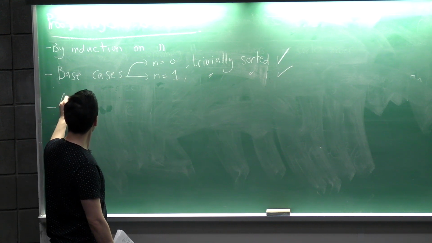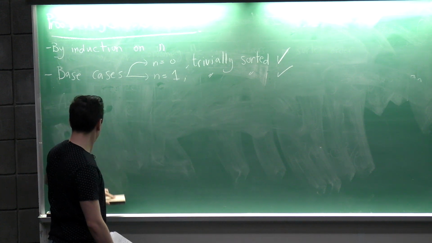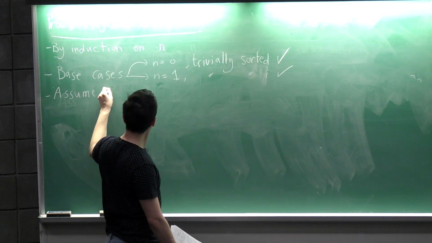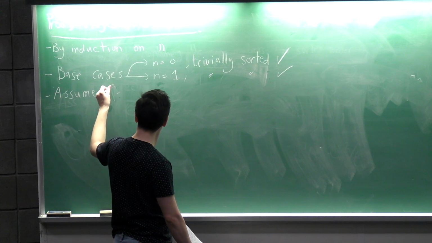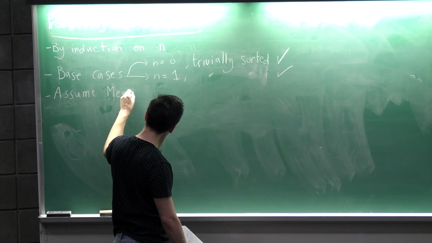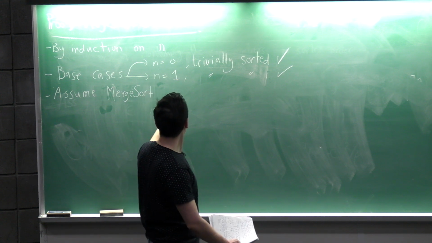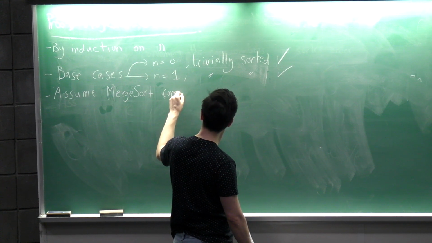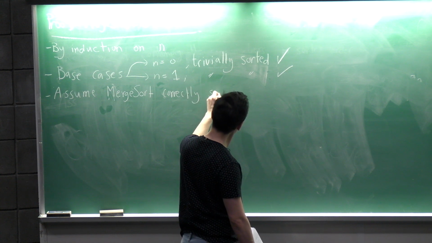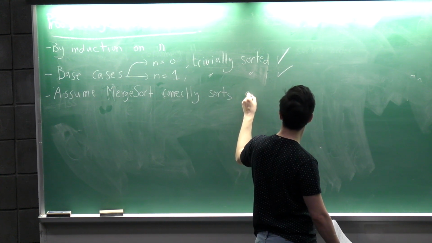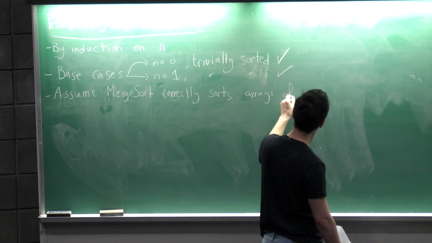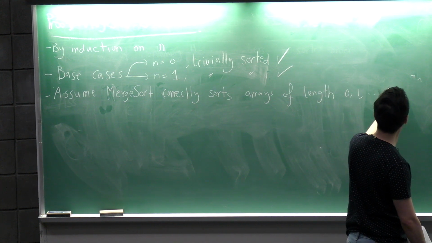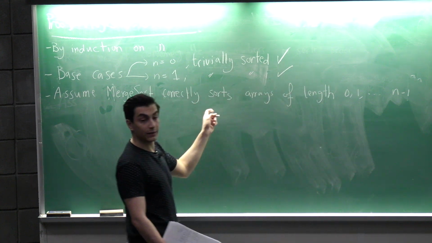So we assume that MergeSort correctly sorts lists or arrays, doesn't matter, arrays of length 0, 1, and all the way till n minus 1, right? This is our inductive hypothesis.